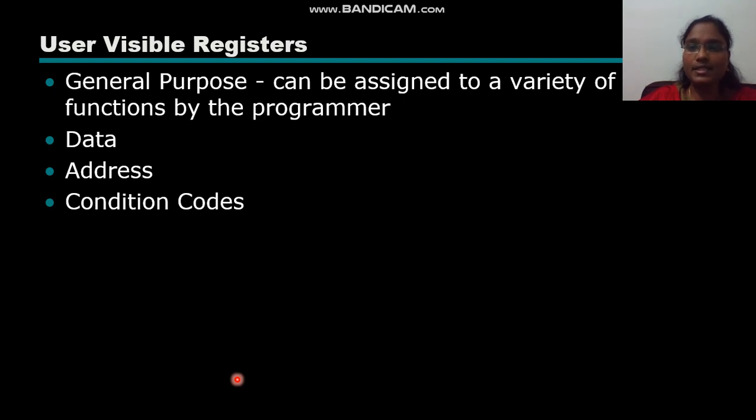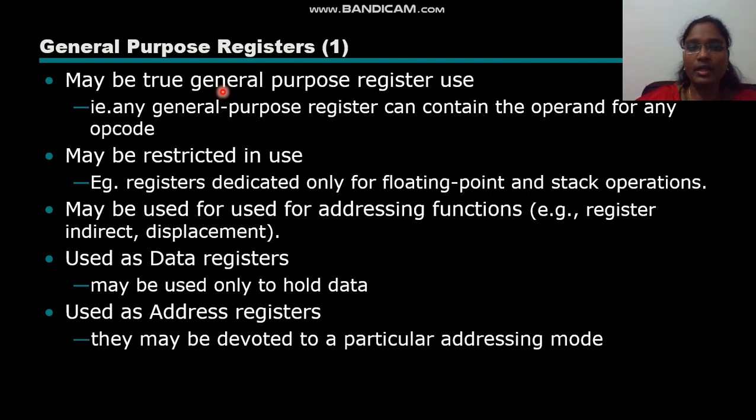So again, the user visible registers can be categorized into four categories: general purpose registers, data registers, address registers, and condition codes. The general purpose registers can be assigned for a variety of functions by the programmer. The advantage of the general purpose register is that it is very flexible.